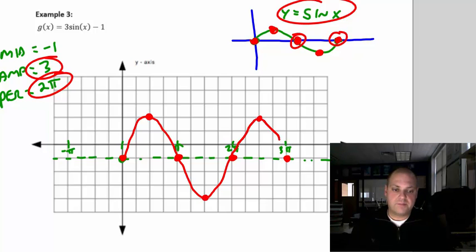Sorry about that. There's the pattern. All right, and then same thing here. This is going to go back to the midline, and then boom, boom, boom. Just follow the pattern. Once you get one cycle, it should be easy to do more than one cycle. We've been doing that.